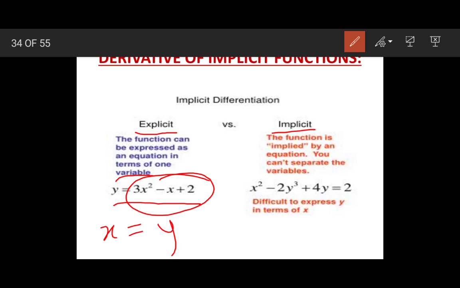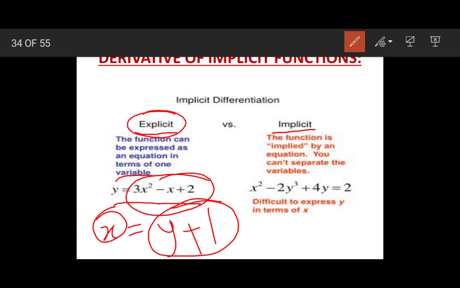Suppose x is equal to y plus 1. If one variable is expressed only in terms of the other variable, then that function is known as an explicit function.